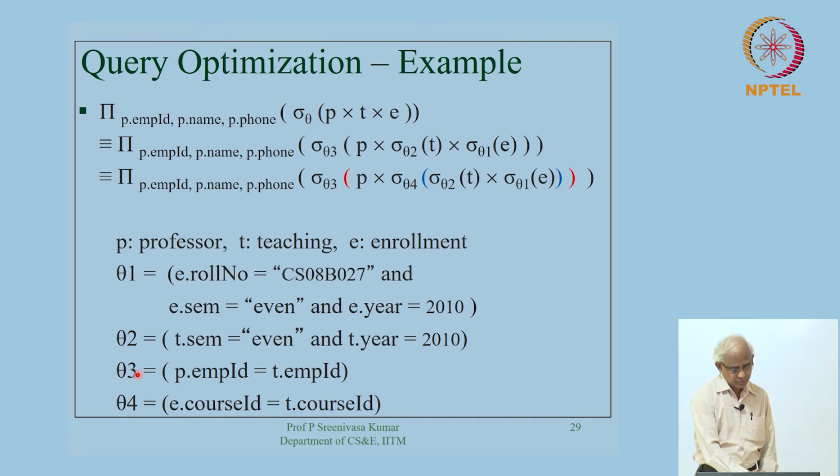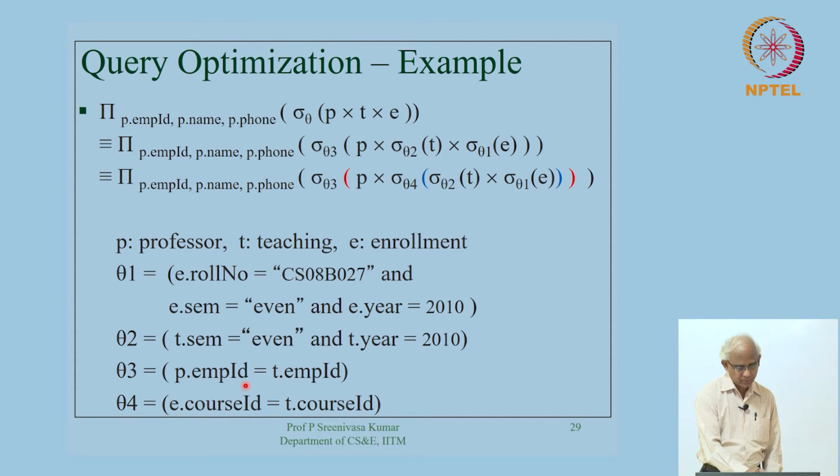Okay. Now let us break theta 3 of the previous slide into 2, which is p.employeeID equals t.employeeID, and then e.courseID equals t.courseID. I have broken that into two further predicates.